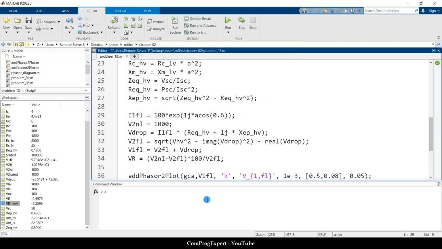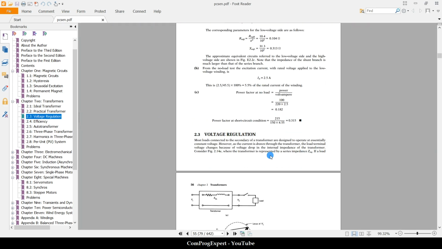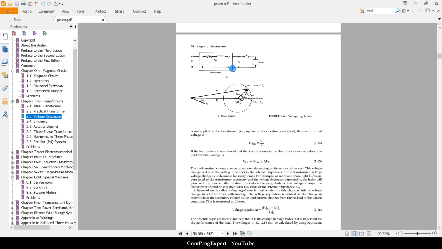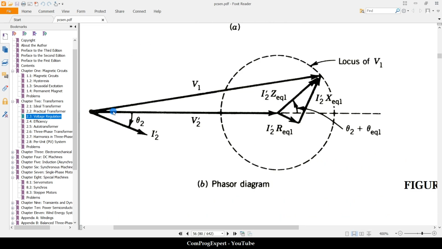Okay, so the last point of this video is the maximum voltage regulation. As you can see here in this figure, when we change the value of the load power factor, theta 2, the V1 phasor moves on this circle.